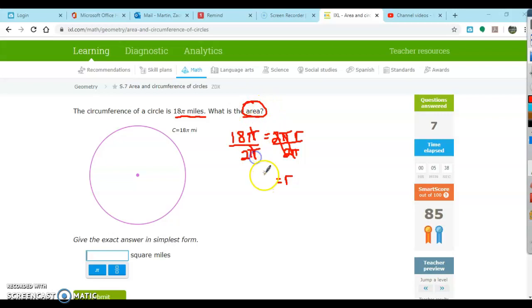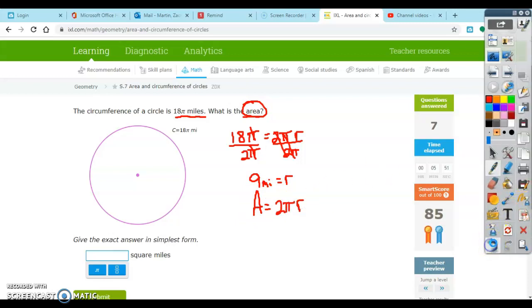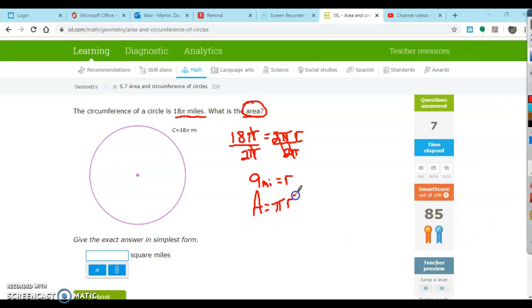So the pi's cancel here on the left-hand side, and then 18 divided by 2, that's 9 miles. So what's my area? Well, my area is 2 pi r, or excuse me, pi r squared. So we have pi times my radius, which is 9 squared. Well, that's 81 pi miles squared, or square miles.